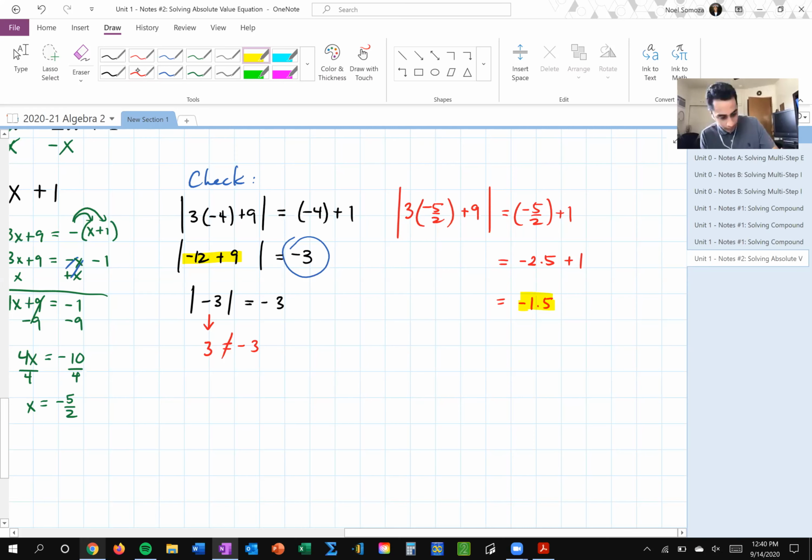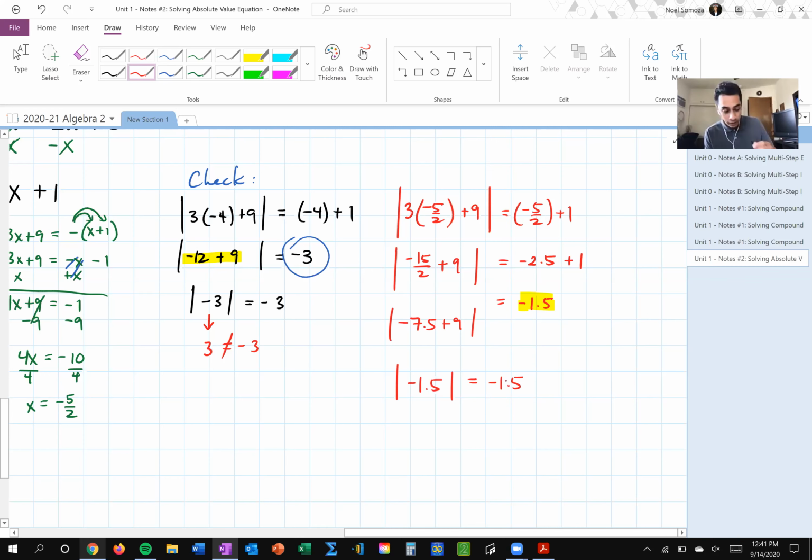But just in case, let's just clean it up, right? So then this is going to give us negative 15. Once again, just for the sake of simplicity, let's just go ahead and turn that into a decimal. So that becomes negative 7.5 plus 9. And then if we were to clean that up, we would get the absolute value of negative 1.5 equal to negative 1.5, right?